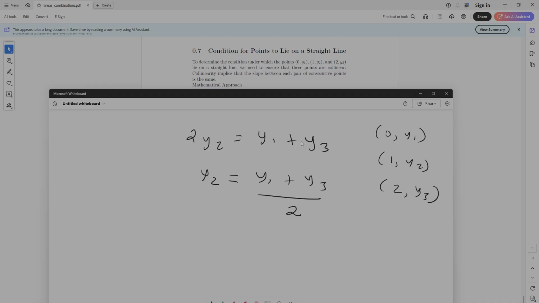So y2 is going to be the average of the first and the last y values, y1 and y3. That's something curious about these points that I notice right now.